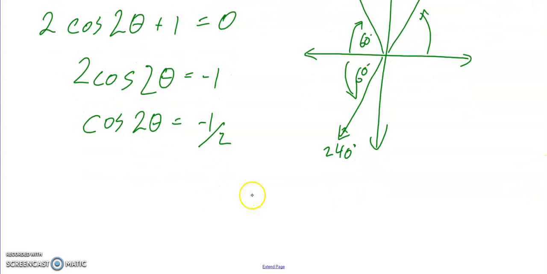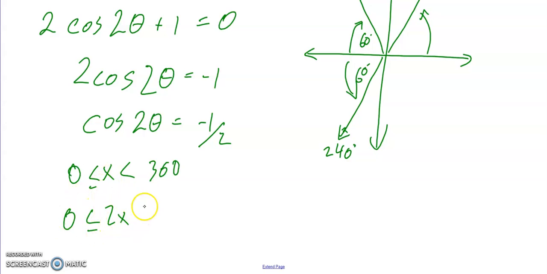All right, so that gives us one rotation. But remember, what we wanted to find is when x is between 0 and 360. Well, what we just did is we doubled x, remember? We doubled x, so we're not going to stop at 360. We're going to keep going all the way up to 720.